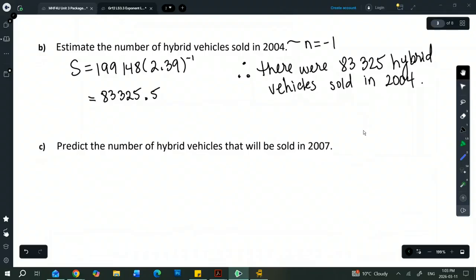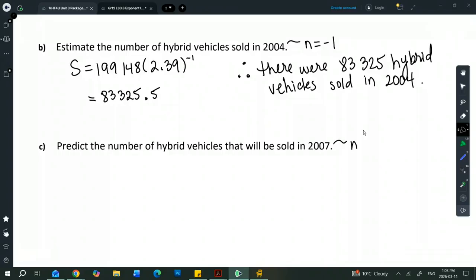Okay. And then predict the number of hybrid vehicles that will be sold in 2007. So what should we do for that? Yeah, perfect. So that's 2 years after 2005.